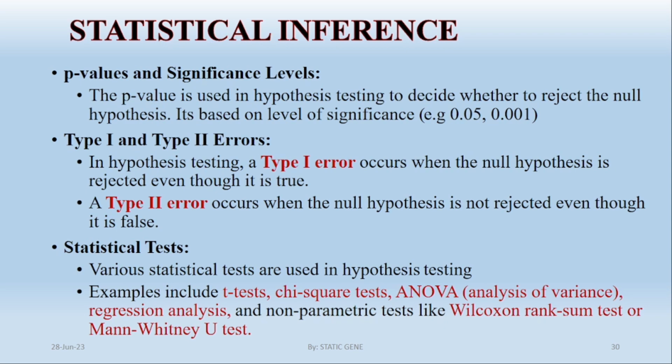You need to perform statistical tests to get those p-values, to then either accept or reject your null hypothesis. Some of the statistical tests include the t-tests, the chi-square test, ANOVA, regression, or some non-parametric tests like the Wilcoxon or Mann-Whitney U test. There are so many other statistical tests, so we will explore some of them in a future video.